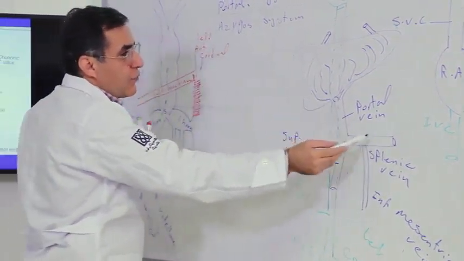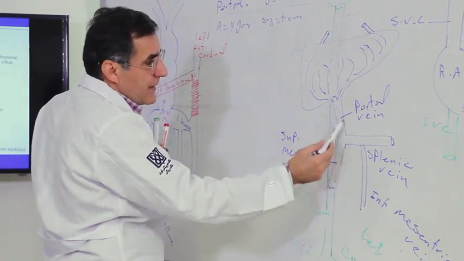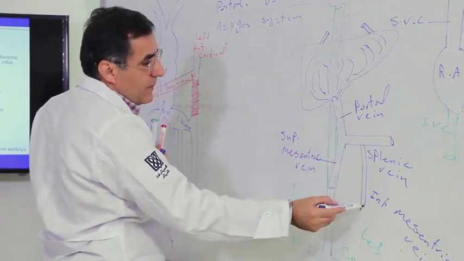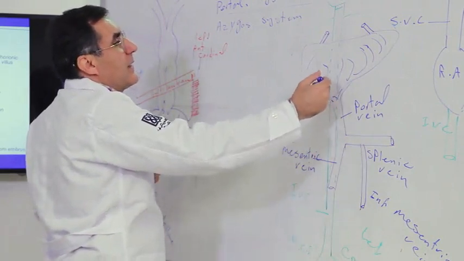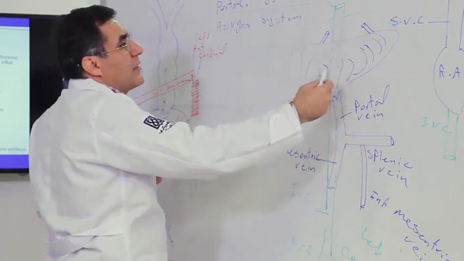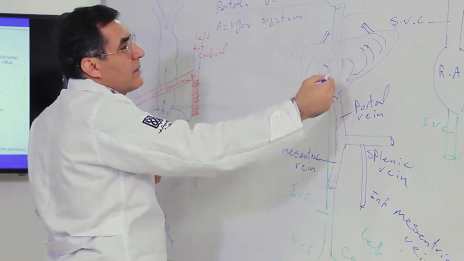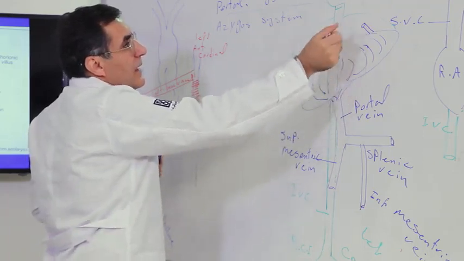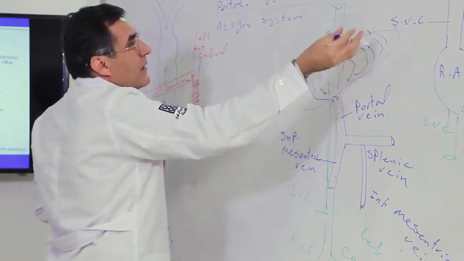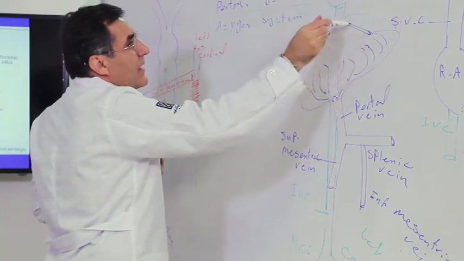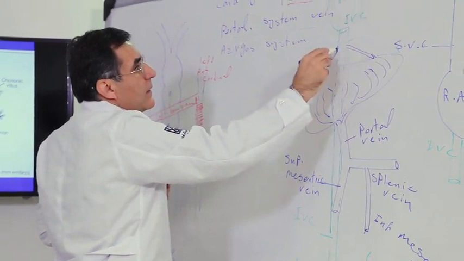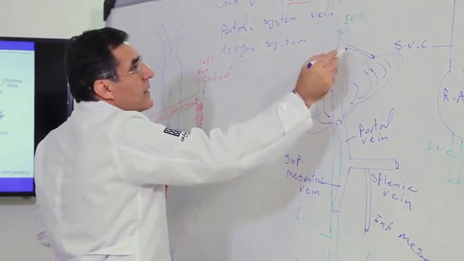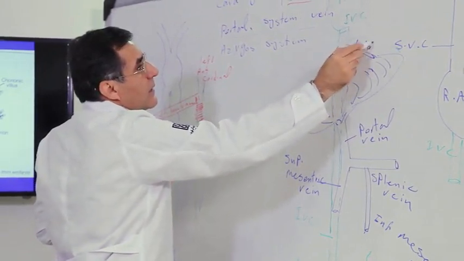Okay, I want to talk about the portal system that absorbs the blood from the GI tract, and after the exchange of metabolites with the hepatocytes, the blood from the liver drains to the IVC by two hepatic veins. This is a hepatic vein.